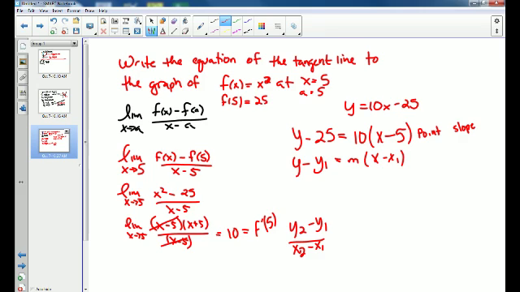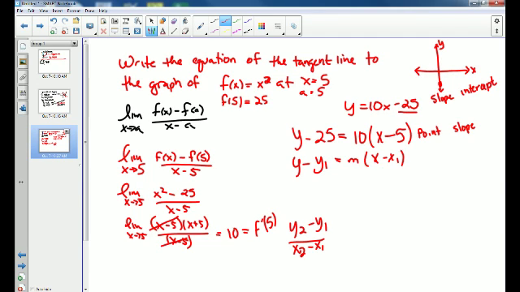Slope-intercept form, where it's the y-intercept. Negative 25 is the y-axis intercept.